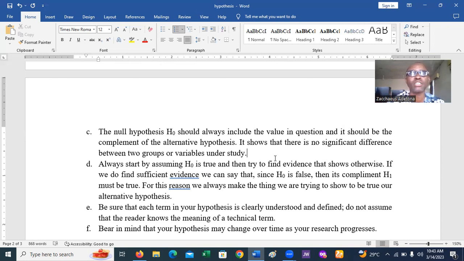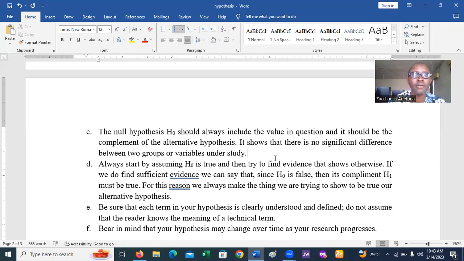That's an assumption you make at the start, that the null hypothesis is true, until you find evidence otherwise. So you carry out your statistical analysis and come out with the true position, and the true position may be that the alternative hypothesis is true. In that case, you will reject the null hypothesis and accept the alternative.